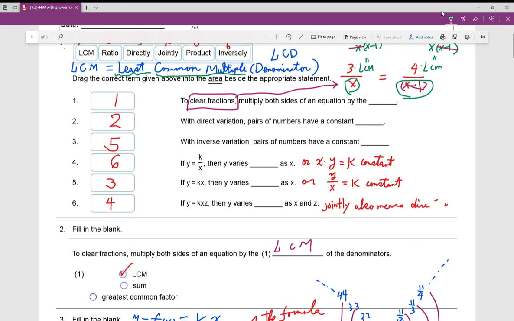I think we learned that from basic math. So if you have a hard time finding the least common multiple, I will reteach you, just ask me a question during the lecture hour, on our class hour. Remember in algebra 1, we learned how to add two fractions, subtract two fractions. At that time, you needed to find the least common multiple to clear out the denominator.